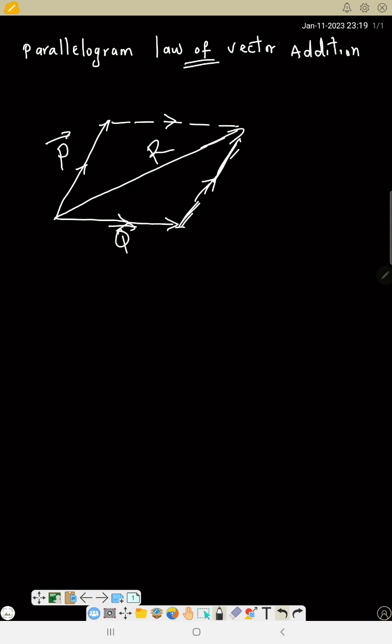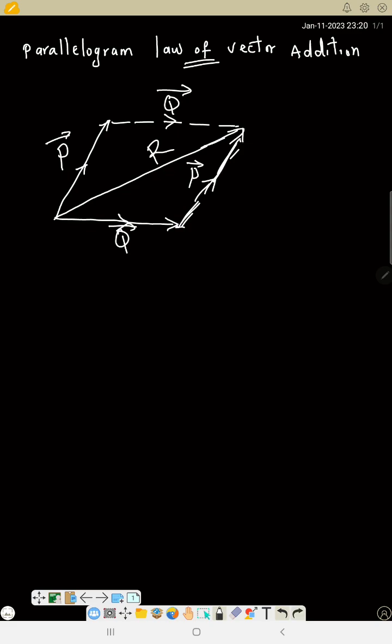Definitely if this side is vector P, here too must be vector P. Now if here is vector Q, then this one too must be vector Q, meaning this side and this side are equal. Also this side and this side are equal.